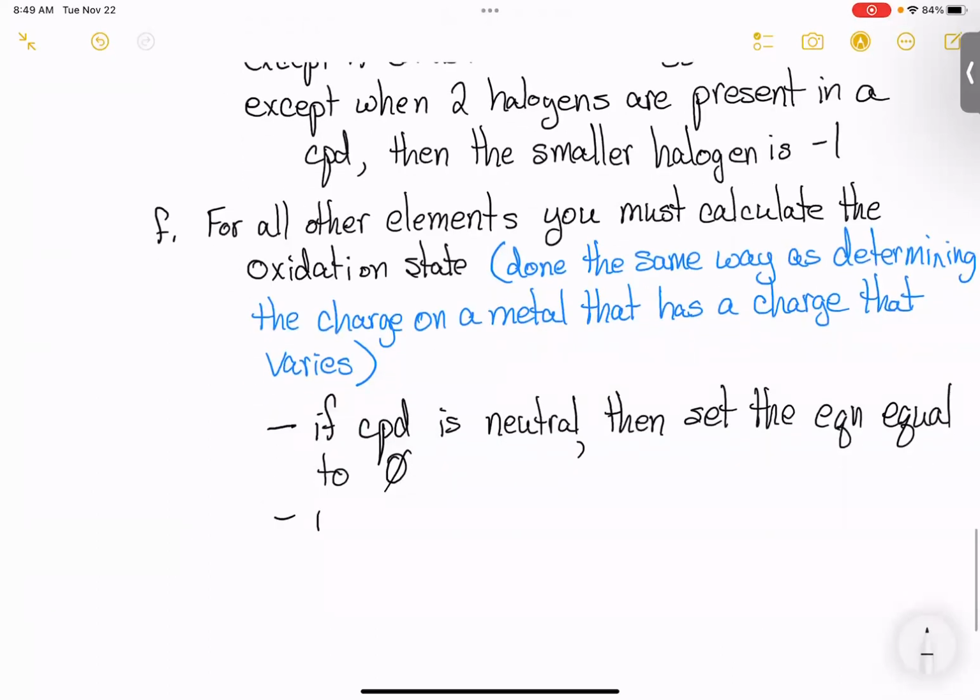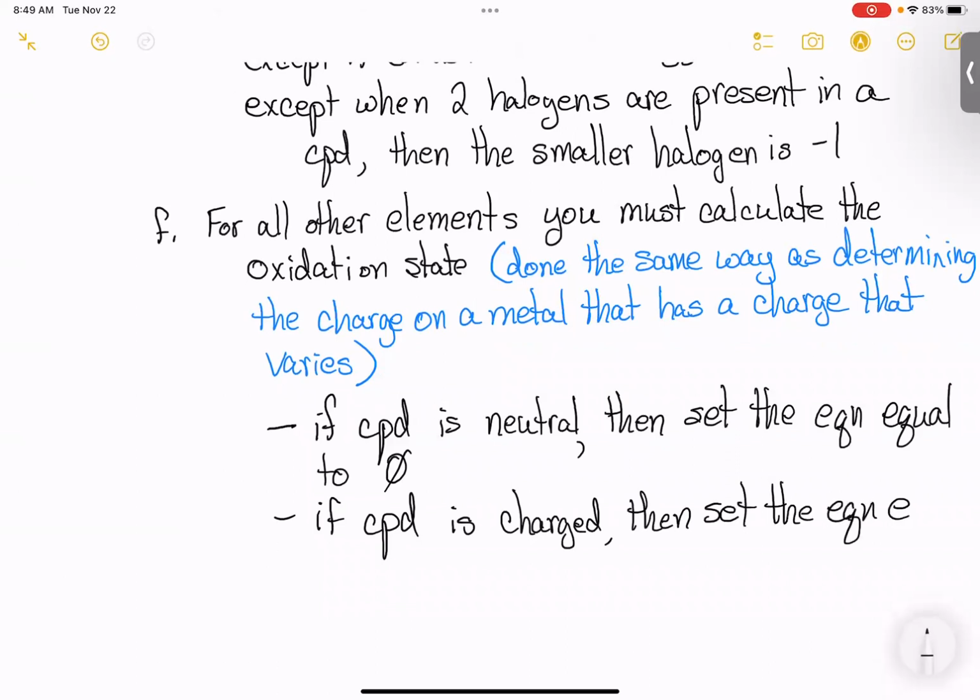But if the compound is charged, say we have a polyatomic ion, then set the equation equal to the charge.